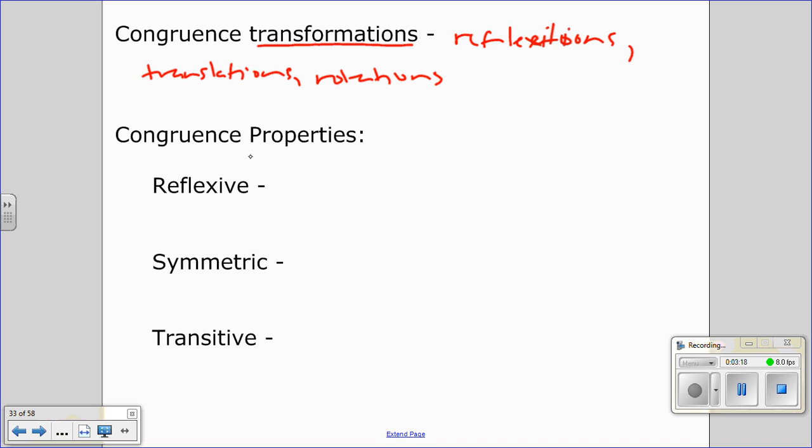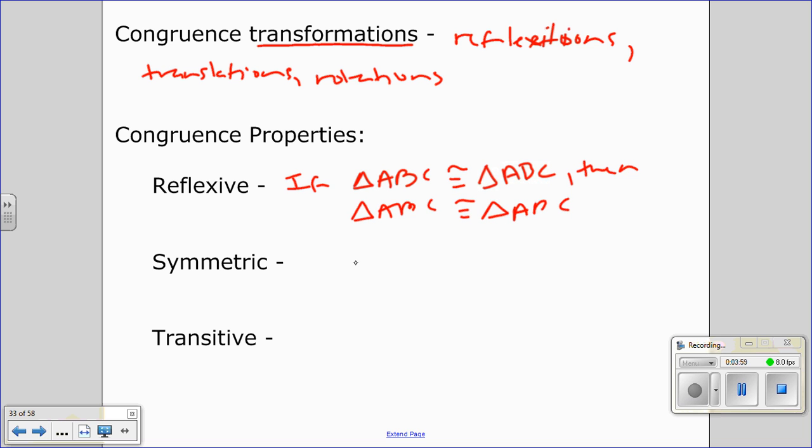So triangles will also have congruence properties. The reflexive property would look something like this. If triangle ABC is congruent to triangle ABC, then triangle ABC is congruent to triangle ABC.